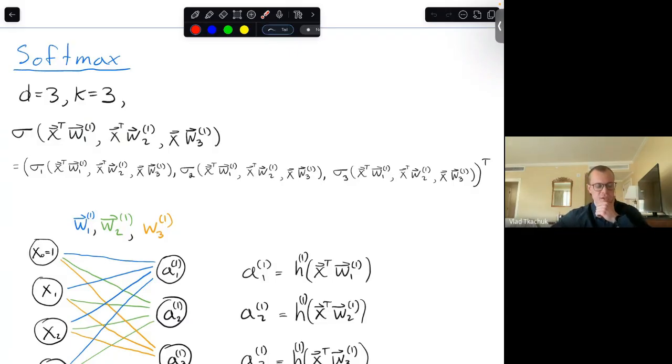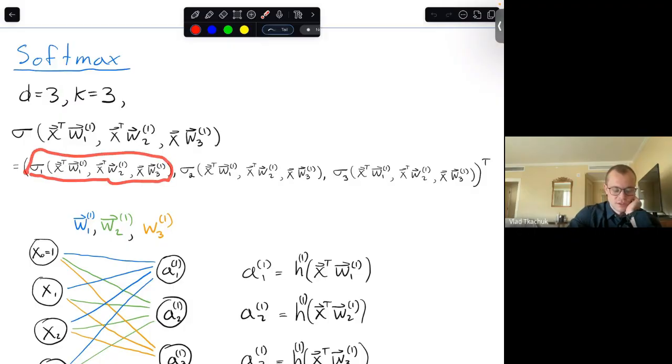So let's just remind ourselves how the softmax works. If you had 3 dimensions and you had 3 classes, so now that we're in the multi-class classification setting, well, the softmax was this function that gives you a probability of each class. And so we had the softmax of the first class. So this was a function of these three values. These were numbers between possibly negative and positive infinity.